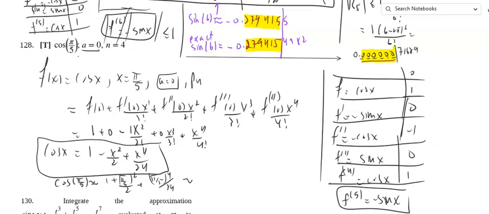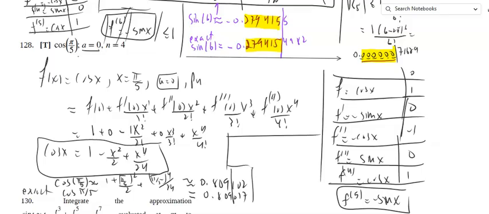And that turns out to be 0.809102. And if I plug in my calculator, the cosine of pi over 5, that works out to be exactly 0.809017, accurate to 3 decimal places.